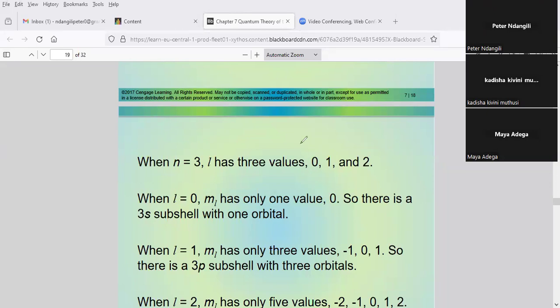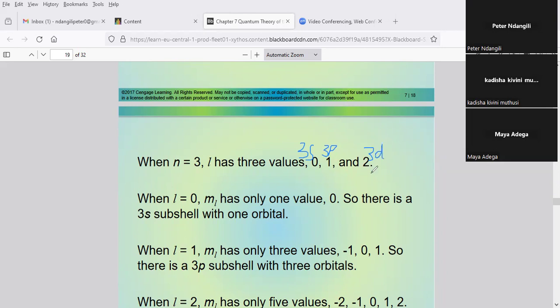This one is a 3s. This one is a 3p. And this one is 3d.